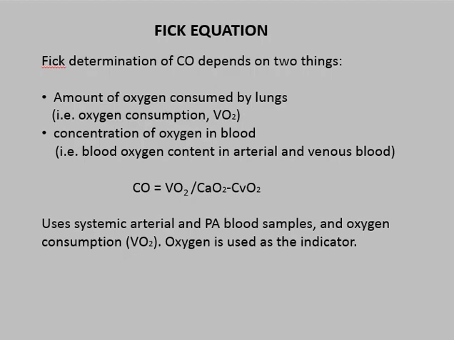And that is VO2, the blood oxygen content in arterial blood, CaO2, and the blood oxygen content in venous blood, CvO2. So the formula is cardiac output equals VO2 divided by CaO2 minus CvO2.